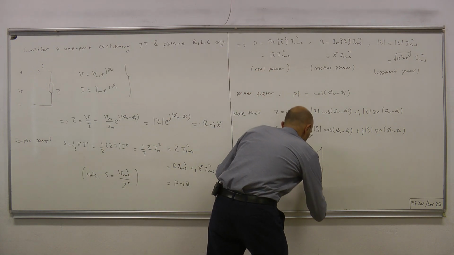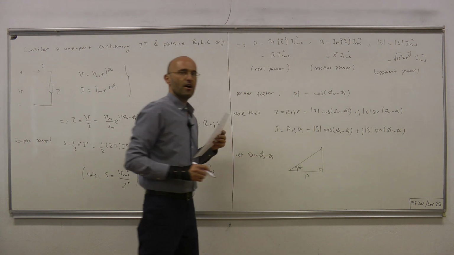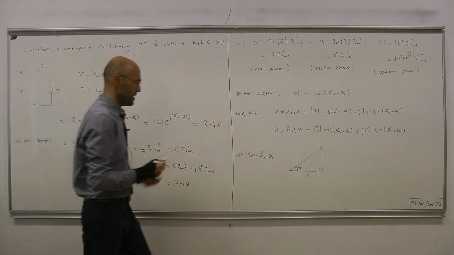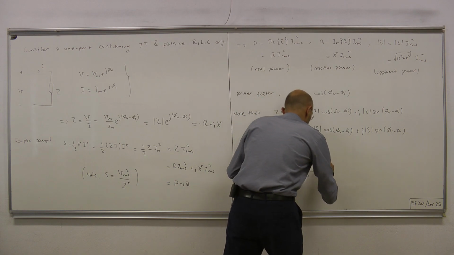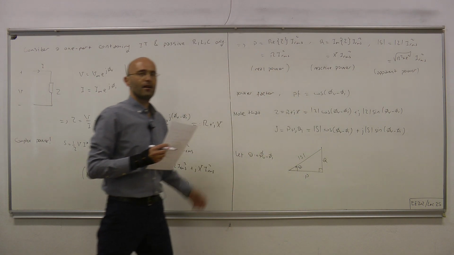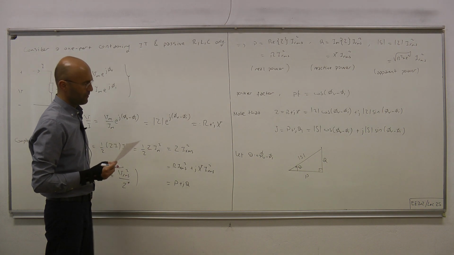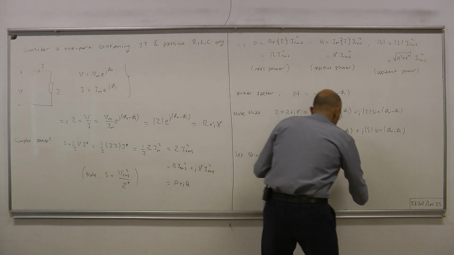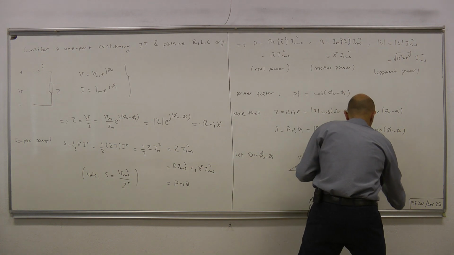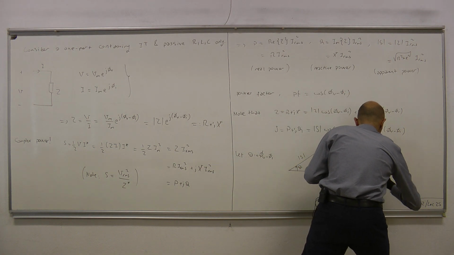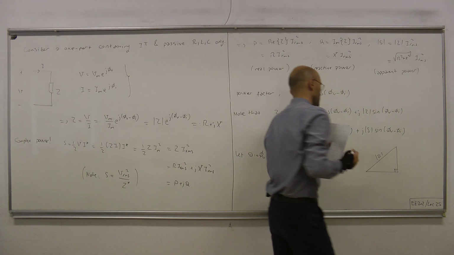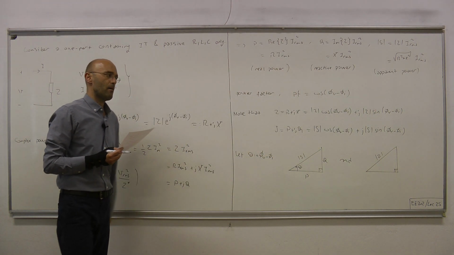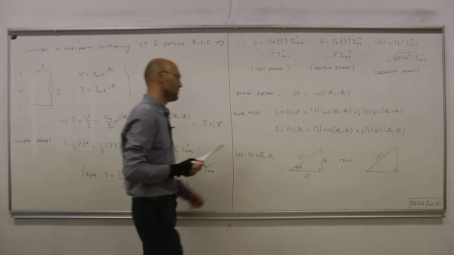And the horizontal side is P, the hypotenuse is the apparent power, and the remaining side represents the reactive power. Okay, and we would have the similar triangle for the impedance, where the hypotenuse will be the magnitude of the impedance.